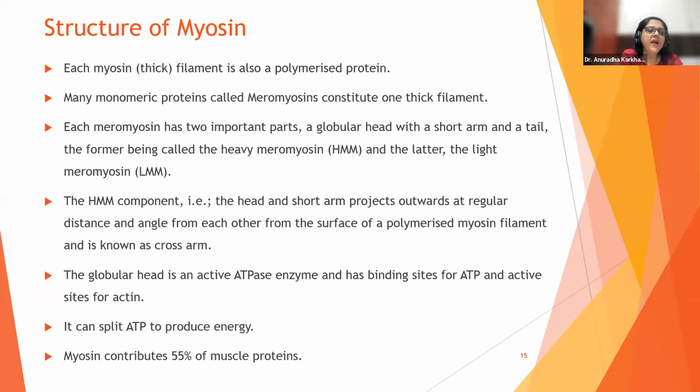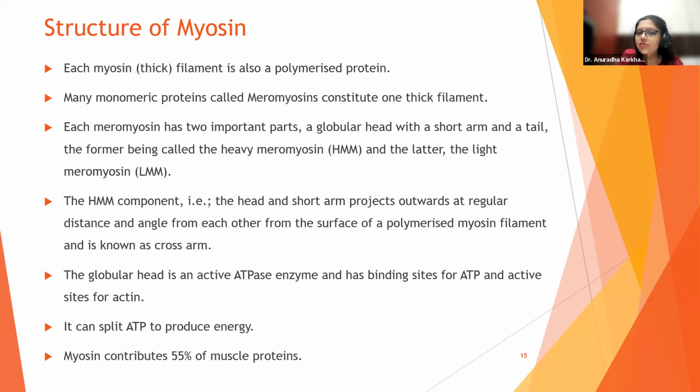Now, it can split ATP to produce energy. We know that the ATPase enzyme produces energy, right? So at this particular site there will be an interaction between actin and myosin, and there will be splitting of ATP to release energy.